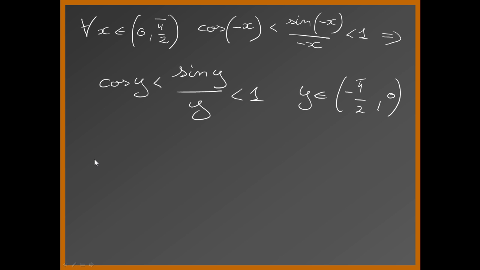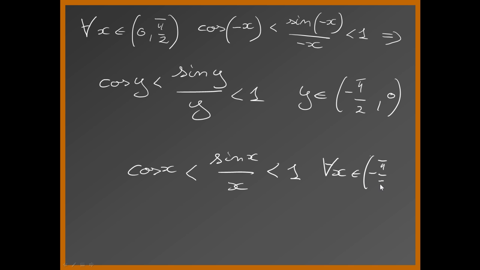Overall, we have obtained that cosine x will be less than sine x over x will be less than 1 for every x in the interval between minus pi over 2 and pi over 2, with the only exception of x different from 0.